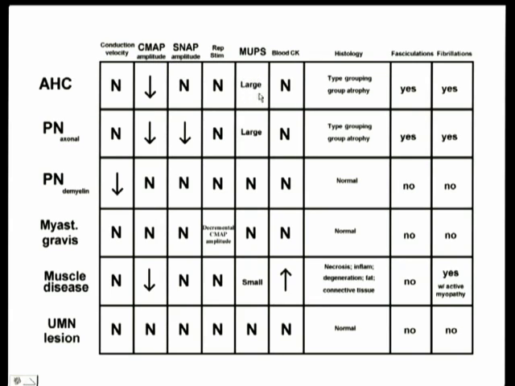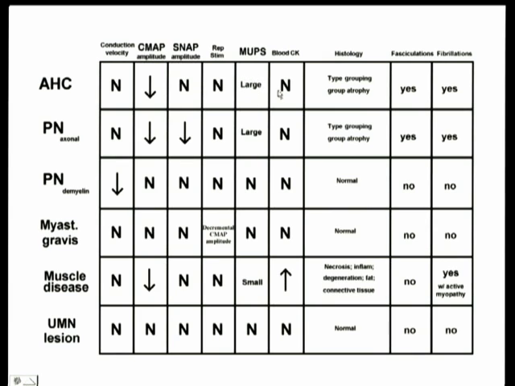Usually a motor unit is going to innervate a certain number of muscle fibers. But if some of those muscle fibers are losing their neuronal innervation, you have some reinnervation, so those motor units that are alive are going to take over more muscle fibers, so you're going to get an increase in the size of the MUPs.